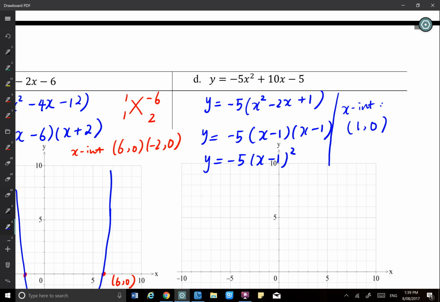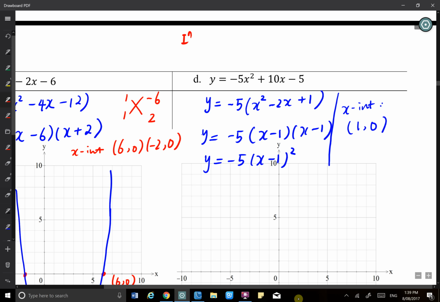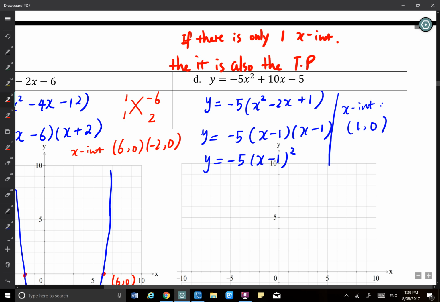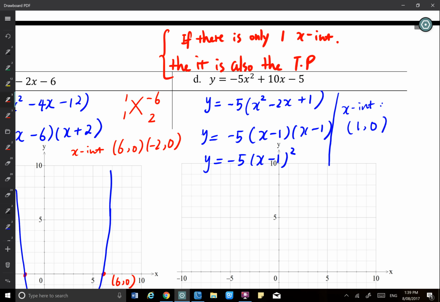So you will just make a note here: if there is only one x-intercept, then that must be the turning point as well.